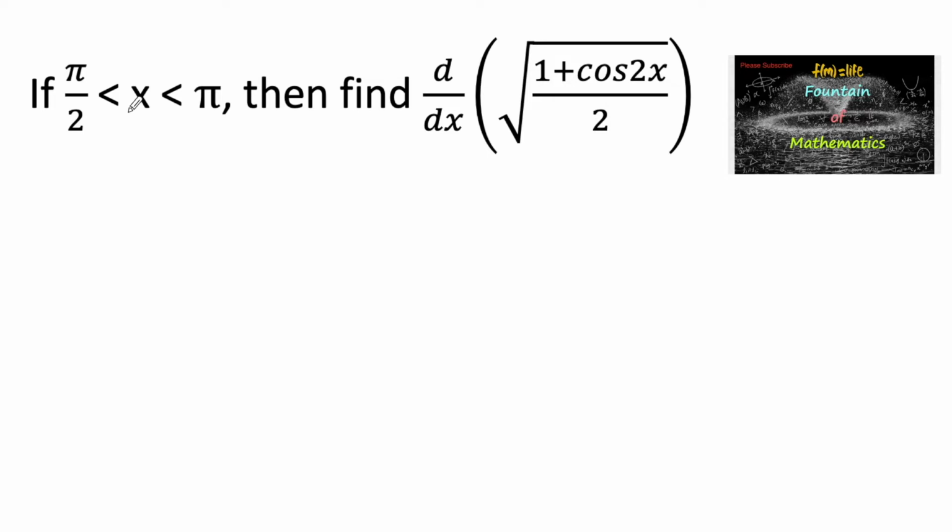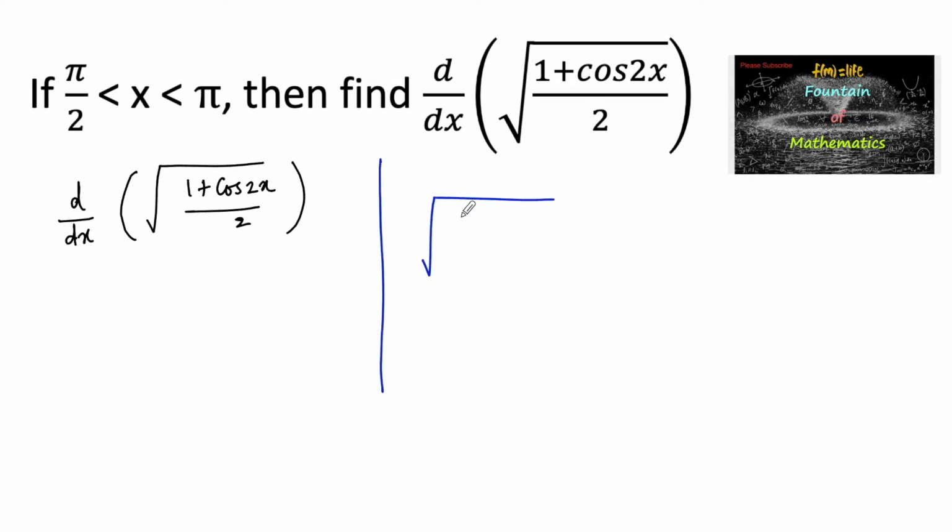If pi by 2 is less than x less than pi, that is x belongs to the second quadrant, then find d by dx of root over 1 plus cos 2x upon 2. So differentiation with respect to x of root over 1 plus cos 2x upon 2. Let us simplify this.